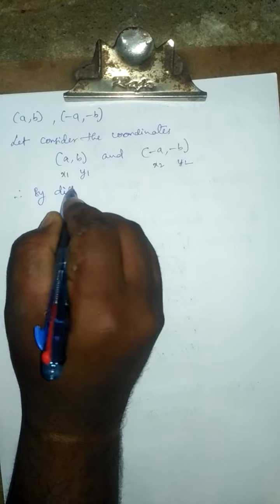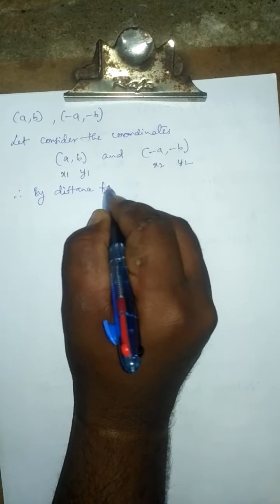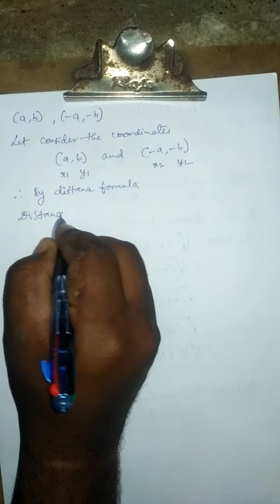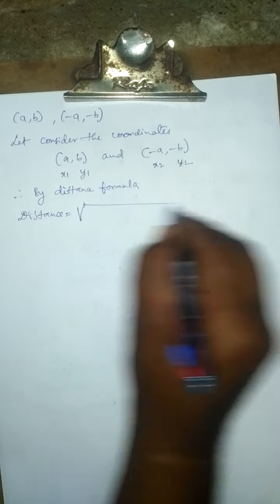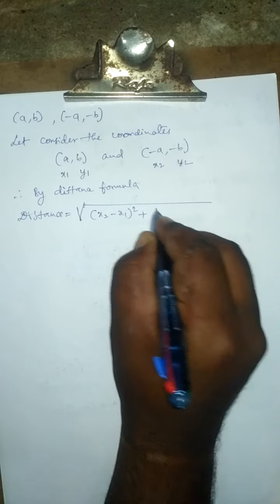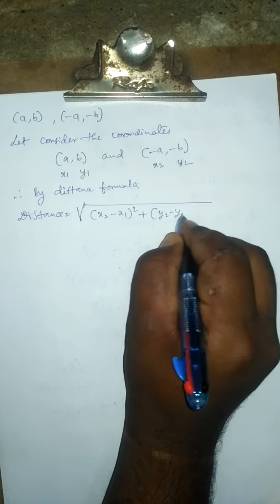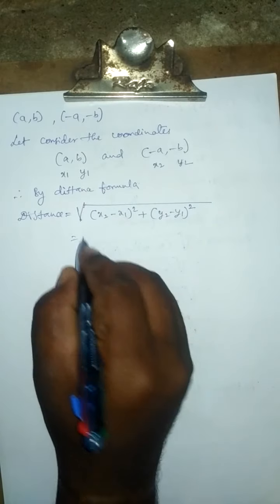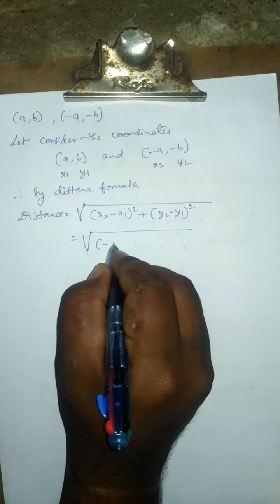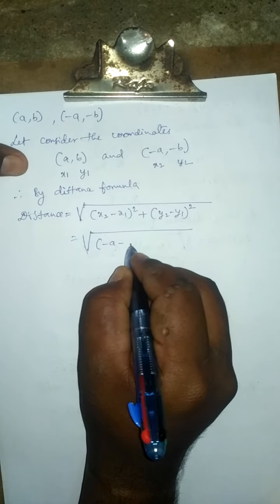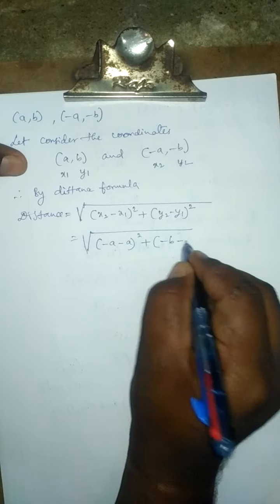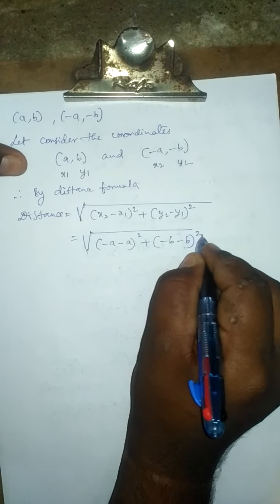By distance formula, distance is equal to under root x2 minus x1 whole square plus y2 minus y1 whole square. So this is equal to under root, then x2 is minus a minus x1 is a, square, plus y2 is minus b minus y1 is b, whole square.